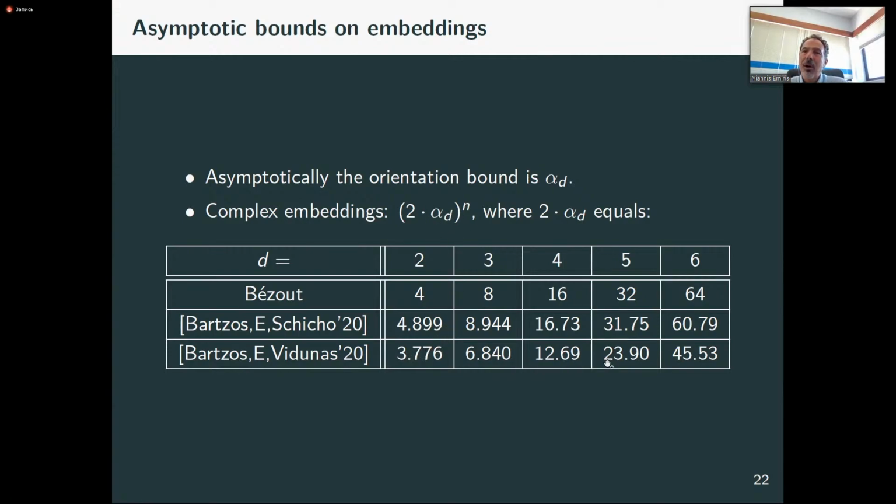And we see that the bound that we get is of this order. So it's better than Bézout even for the planar case. Okay, this is the result I announced at the beginning, and that's how it improves the state of the art even for larger dimensions. It's joint work with Raimundas Vidūnas from Vilnius, Lithuania.